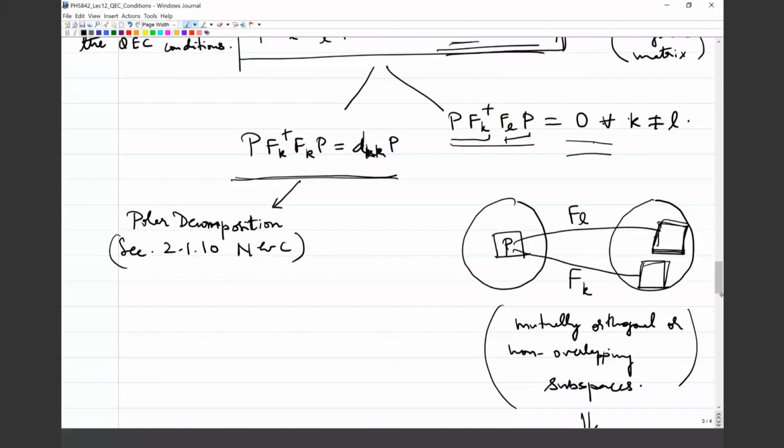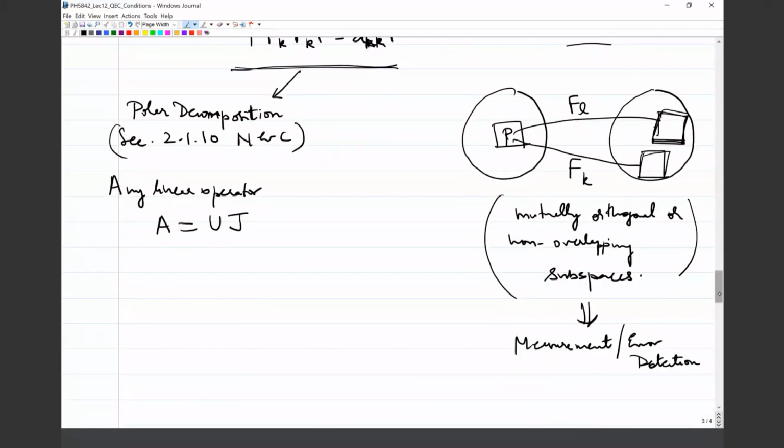Okay, so it basically says that if I have a linear operator A, it can be decomposed as the product of a unitary operator and a positive operator, where this positive operator is nothing but the square root of A dagger A. Remember, for any linear operator, A dagger A is positive, and you're taking the positive square root of that operator.